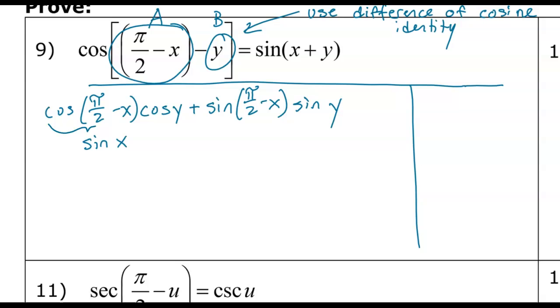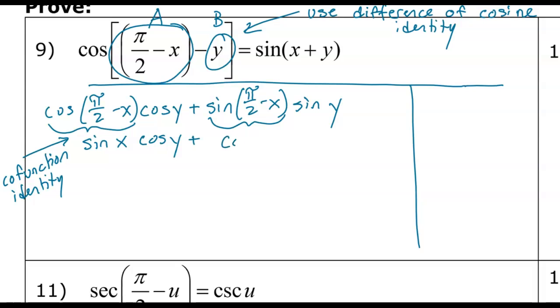So this is just a cofunction identity. And then we have cosine of y plus, now what is sine of pi over 2 minus x the same as? Cosine of x times sine of y. What is this? Sine of x cosine y plus cosine x sine of y.